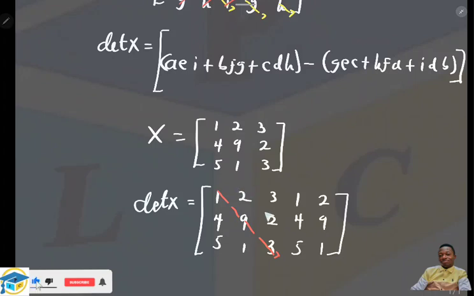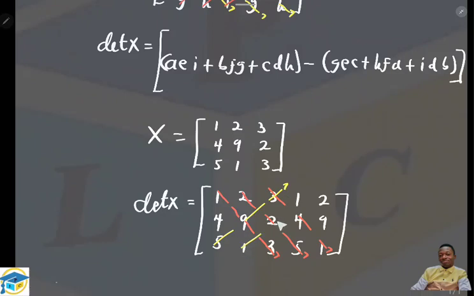And then we also have 2, another 2 here, and we have 5, and then we also have 3, 4, 1. So that becomes the downward arrows, and they also talk about the upward. So you have 5, 9, and 3. You also have 1, 2, and 1. You also have 3, 4, and then 2.